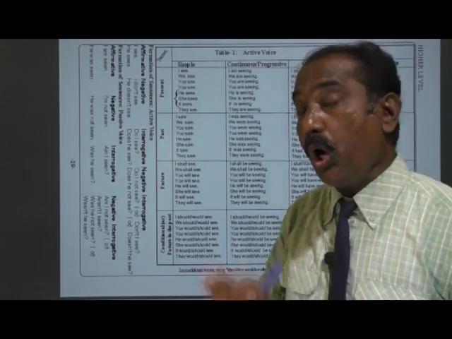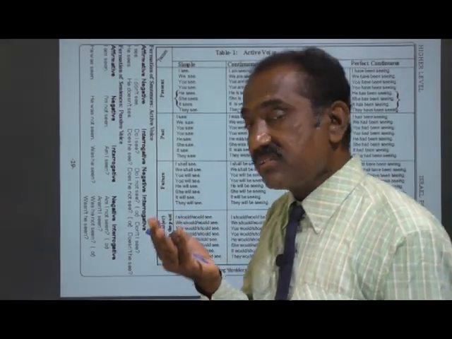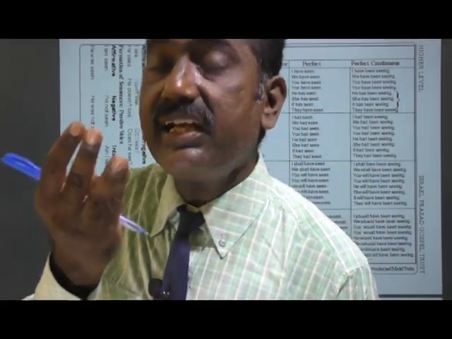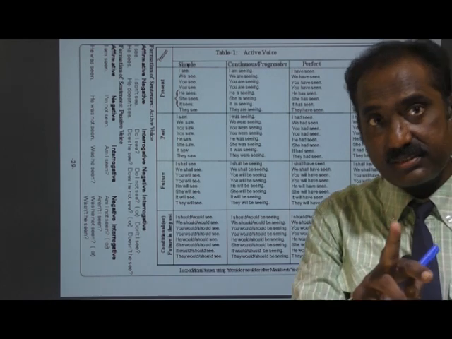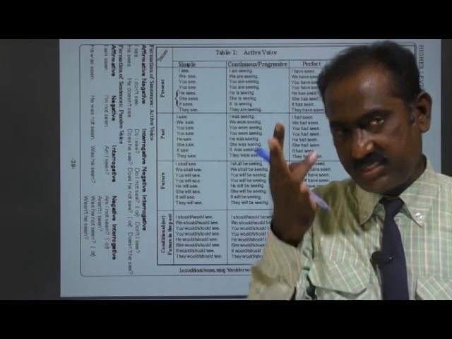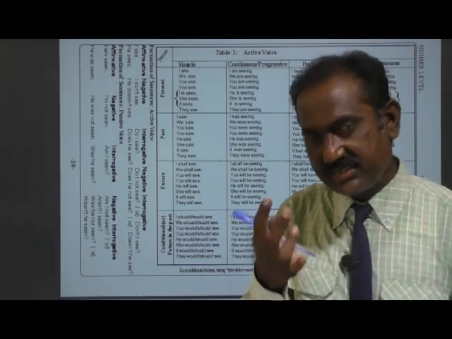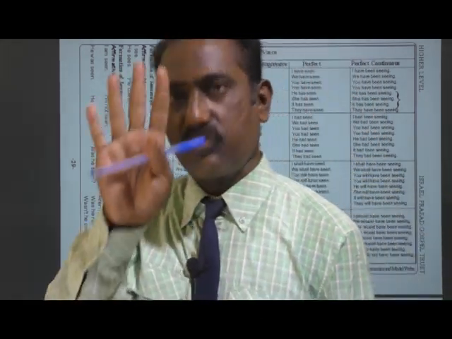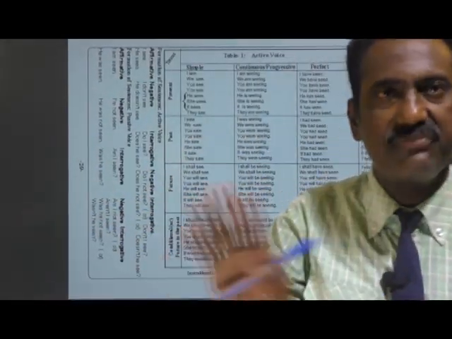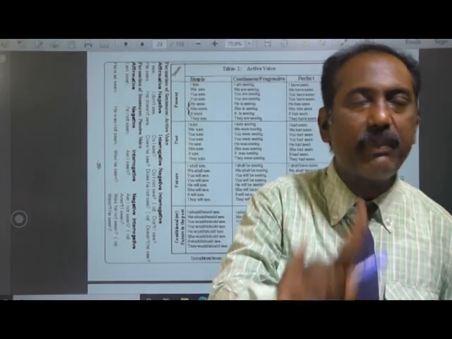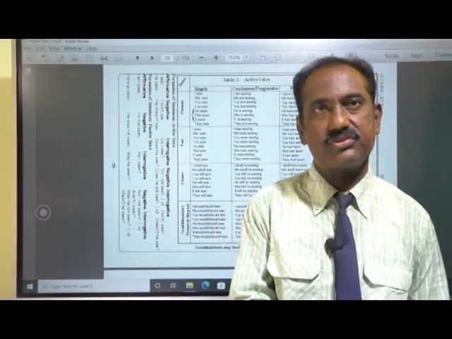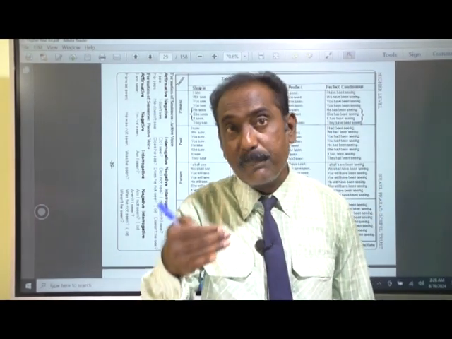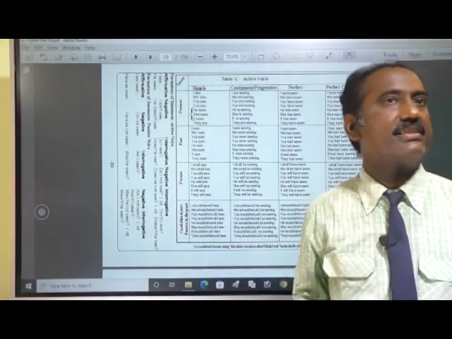Remember one thing, only statements and interrogative sentences come under the tenses table. Only statements. You can call them by 3 names: statements, assertives or declaratives. The 3 are 1. They are just different names for one type of sentence. The second type of sentences are imperative sentences.